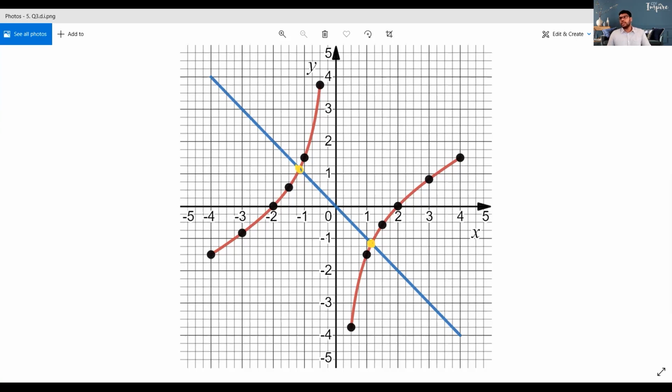The x coordinate for the first point of intersection is roughly -1.2. You can give an answer around -1 to around -1.4, and I think those answers will be accepted. And the second intersection point is at x equals 1, right?